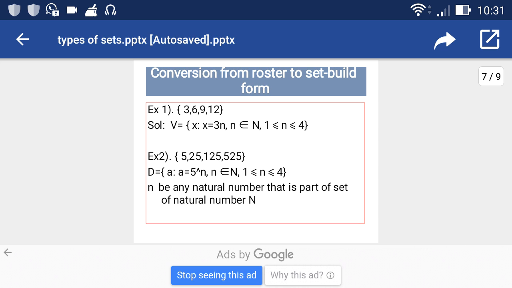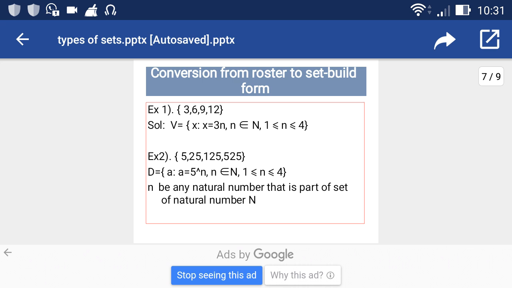So small n is a natural number, n belongs to capital N, where capital N represents the set of all natural numbers, and n lies within 1 to 4. So we can represent this as V is equal to x such that x is equal to 3 times n, n belongs to N and n lies within 1 to 4.